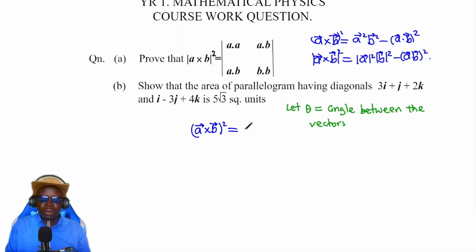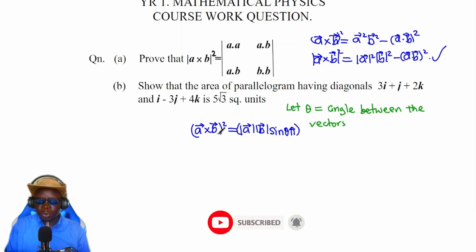Therefore, A cross B in terms of what we have selected here is vector A multiplied by vector B, multiplied by sine of our angle theta, but remember it is squared, so we'll also have a unit vector n here that shows the direction always for cross product.